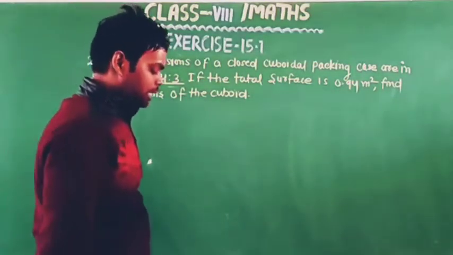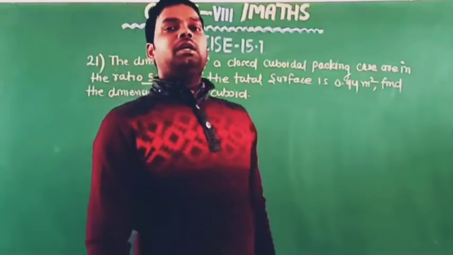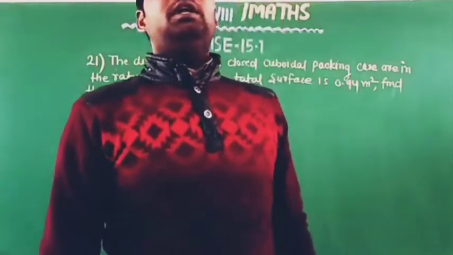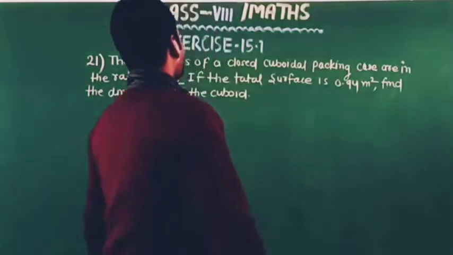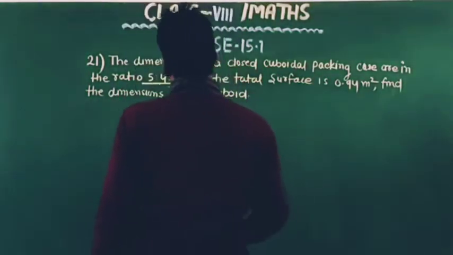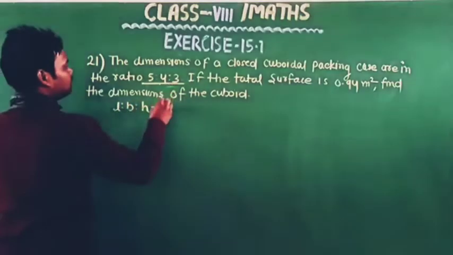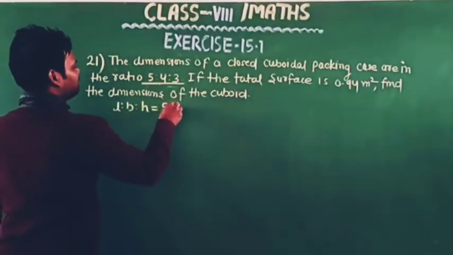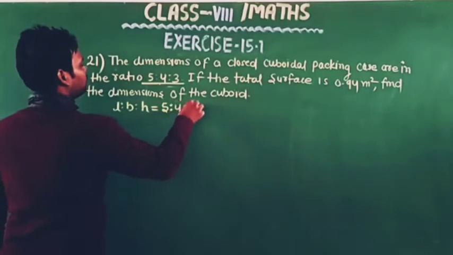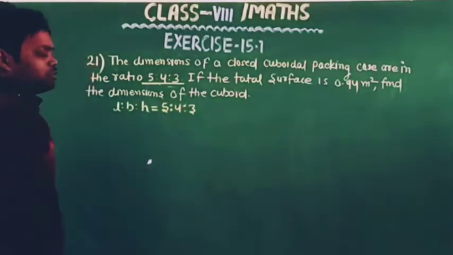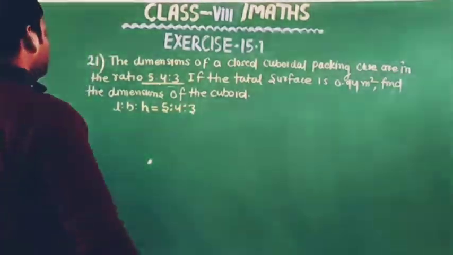So first let l, b and h be the length, breadth and height of the closed cuboidal box. The ratio of the dimensions length, breadth, height is 5:4:3.